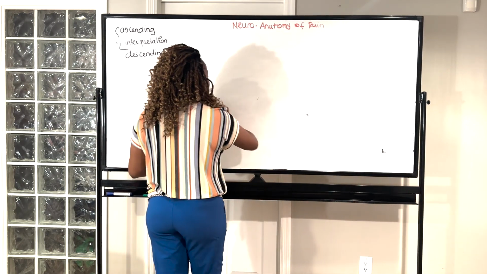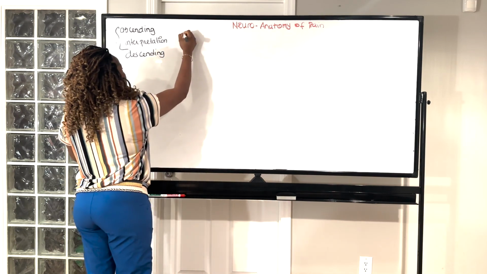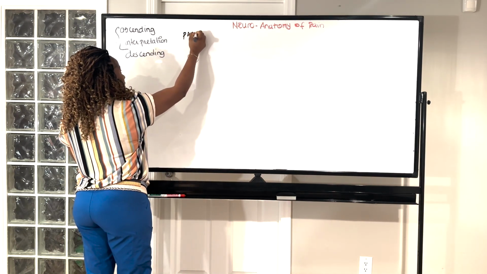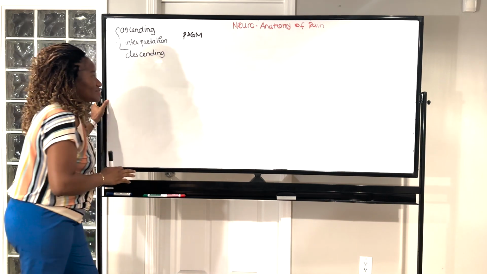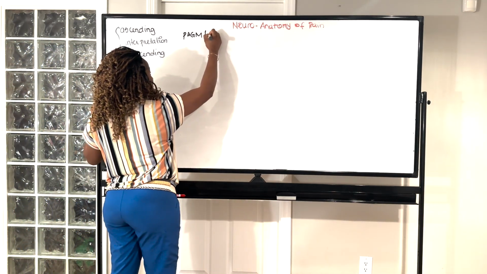So the descending pathway is going to begin on the periaqueductal gray matter. So the periaqueductal gray matter is located in the midbrain.